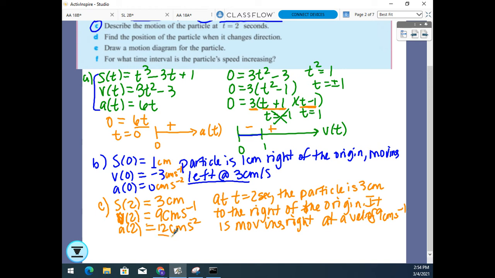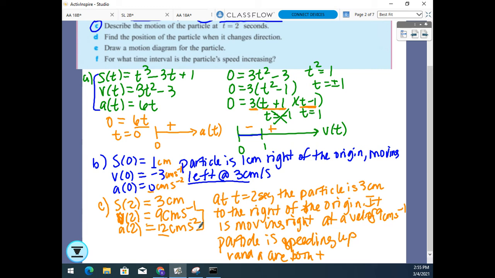And the acceleration is 12. So we can say that the particle is speeding up, or increasing speed, because V and A are both positive. We didn't really need to say this back in B because A was 0, so it wasn't either one. But because both of these are positive, we're going to say that the particle's speeding up at time 2.